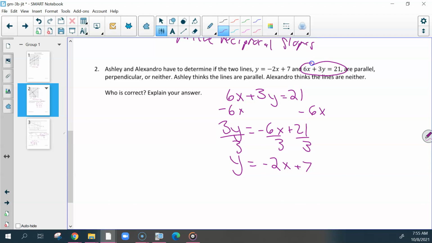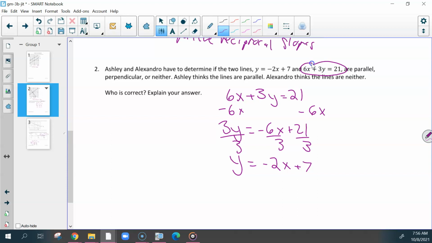Ashley, because they were parallel, they have the same slope. They had the same slope, but they went through the same point too. I checked on Desmos, and it was actually true. Actually, yes, I'm sorry, I missed that. So if the y-intercepts were different, then they would have been parallel.